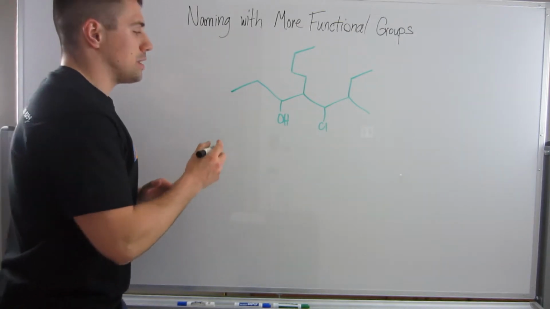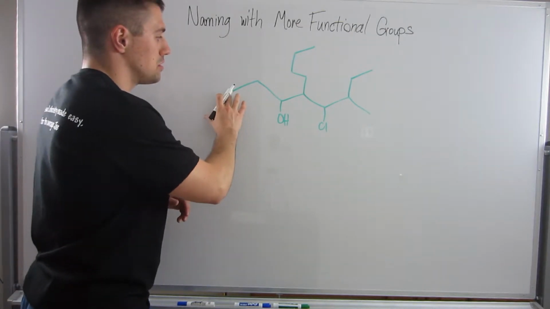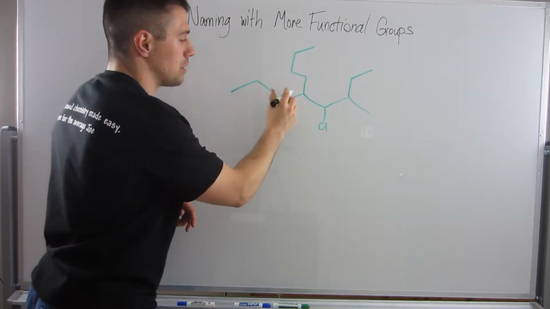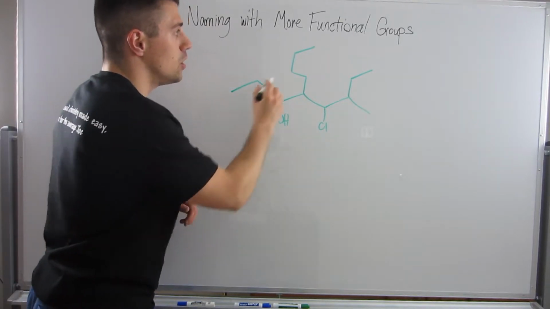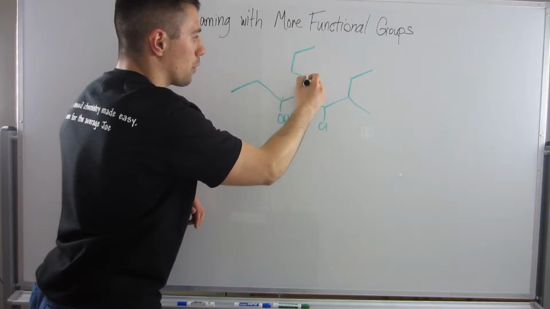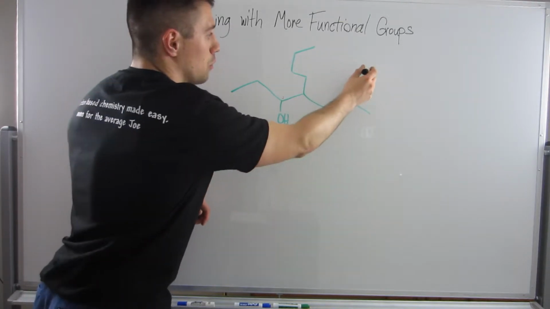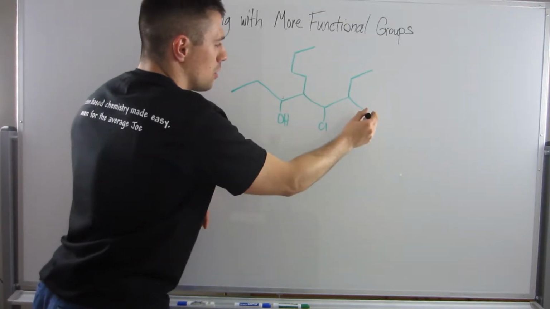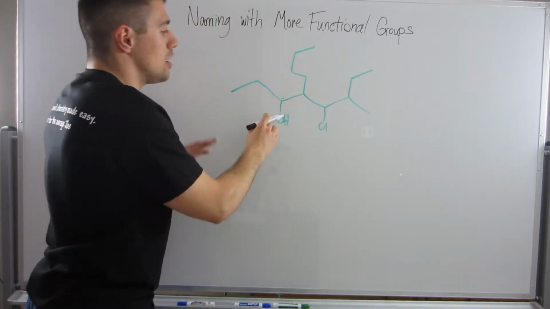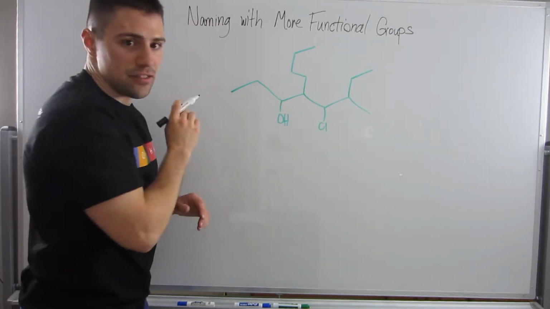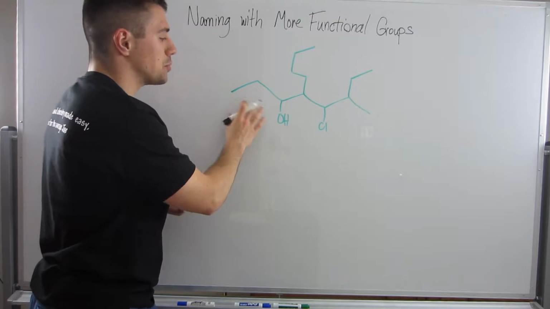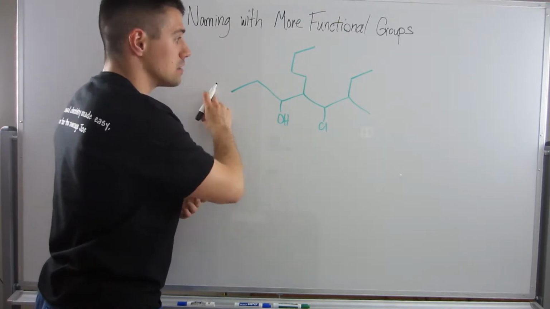So we could start 1, 2, 3, right? We could give that a 3 right there, or 1, 2, 3, 4, 5, 6, or 1, 2, 3, 4, 5. 3 is the lowest number we can give this alcohol, so we're 100% going to start naming from left to right.